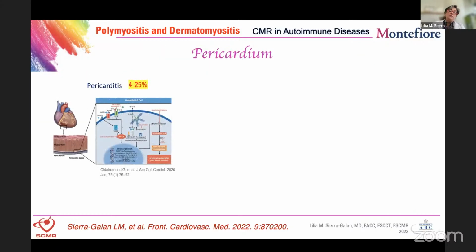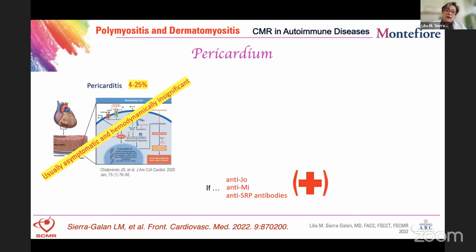The pericardium is affected, producing pericarditis in 4 to 25% of the cases, and it is usually asymptomatic and hemodynamically insignificant. But if we have 3 antibodies positive, which are the anti-Jo, the anti-Mi, or the anti-SRP, we are going to have an antisynthetase syndrome.